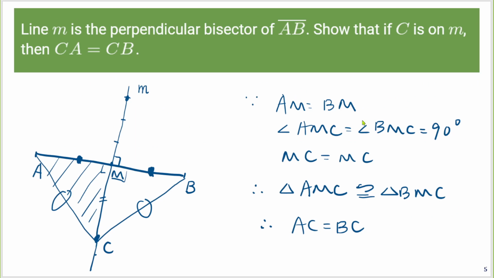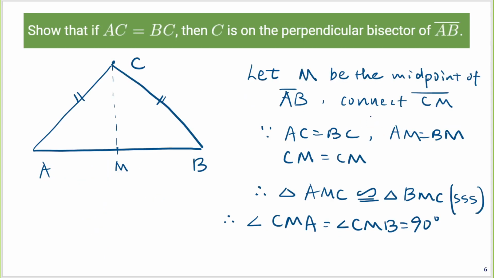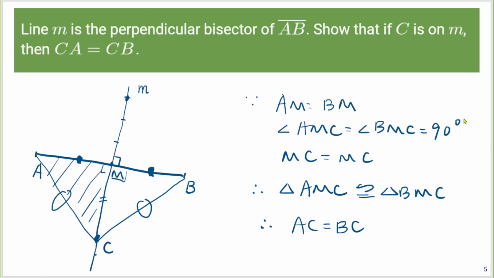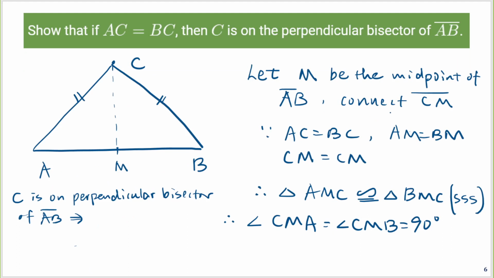If C is on the perpendicular bisector of AB, then CA must equal CB, right?